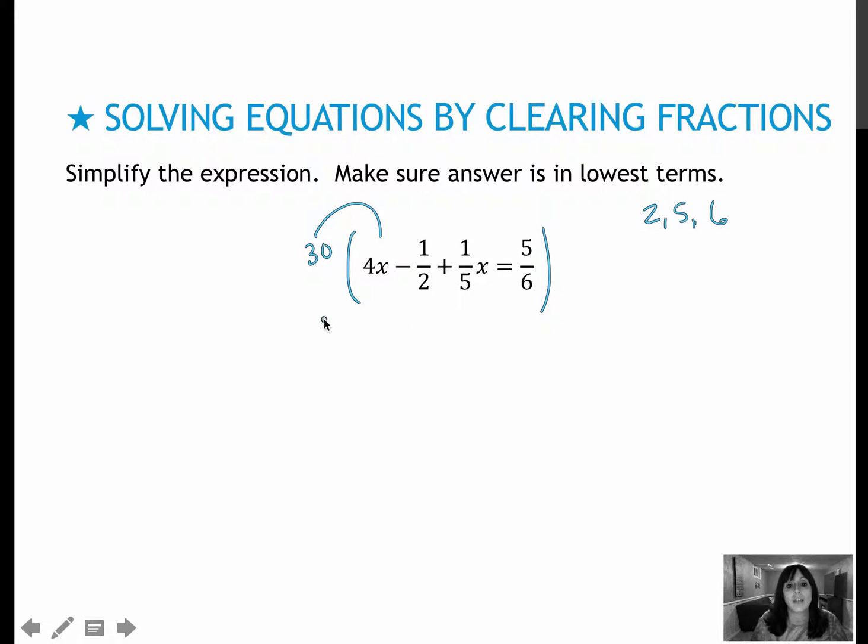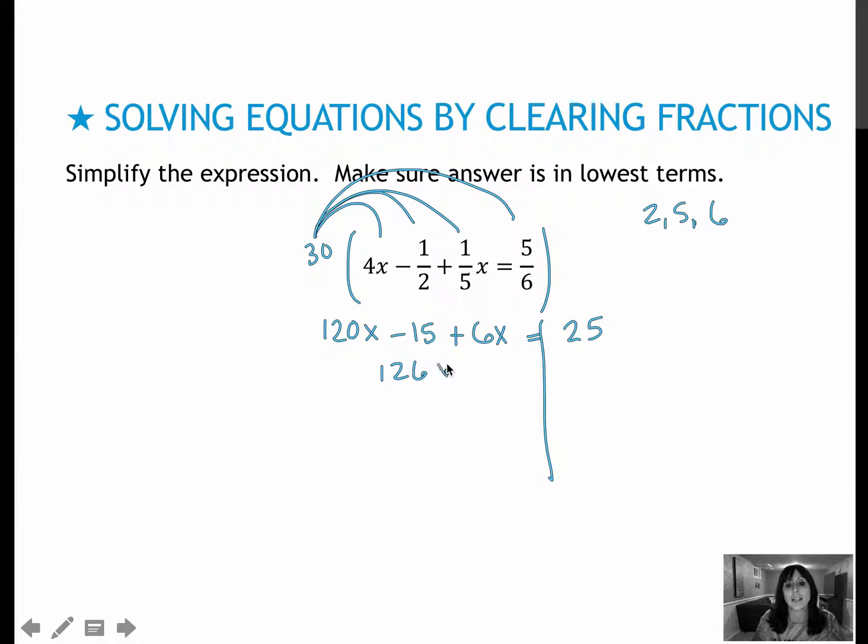30 times 4x is 120x. 30 times 1/2, it'd be 30 times 1, or 30, divided by 2, which is 15. 30 times 1 is 30, divided by 5 is 6, so that's 6x. 30 times 5 is 150, and then divide it by 6, I get 25. And now this question got a whole lot easier. On the left side, 120 and 6 would give me 126x.